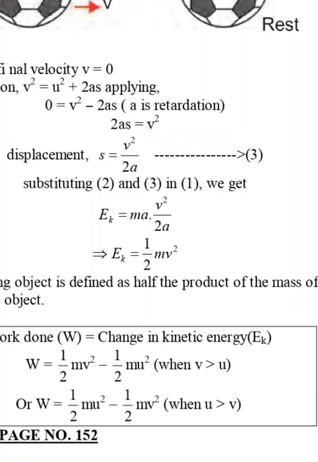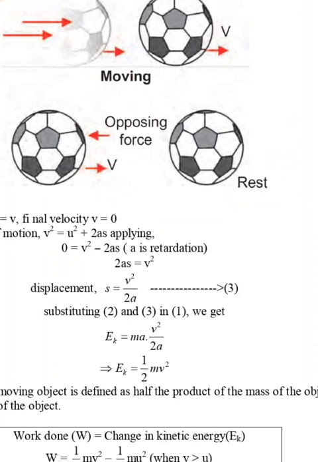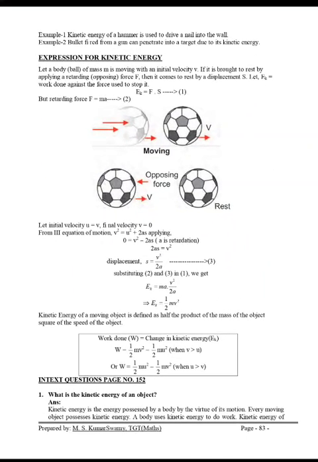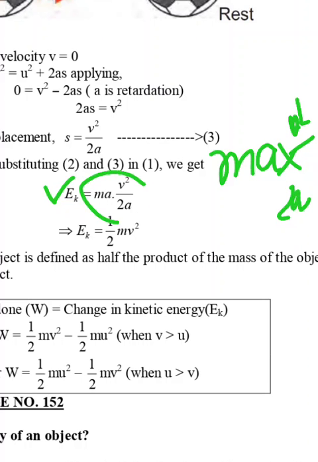So this, the value of s, if we put in that equation of energy is equal to F into S, means this equation if we put this value of S, we will get kinetic energy Ek is equal to F is nothing but mass into acceleration, and S is v square upon 2a. This here you see.